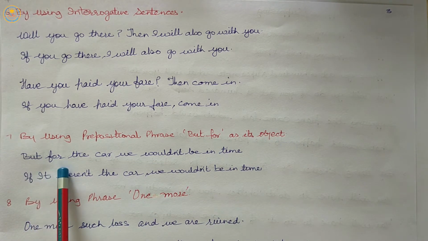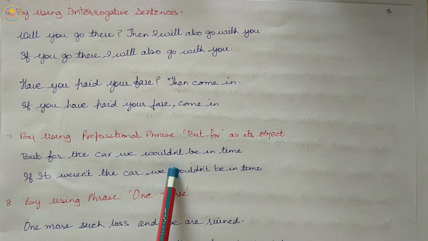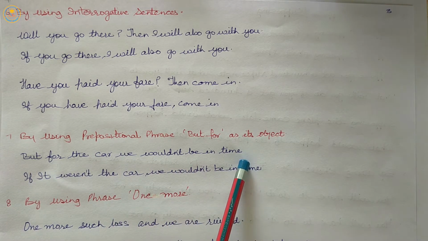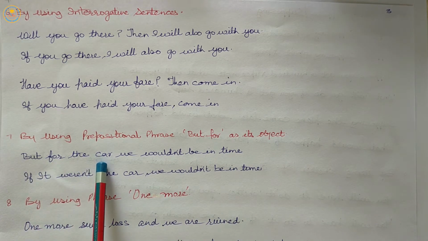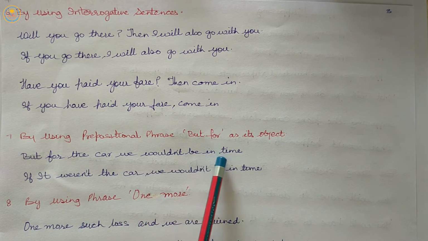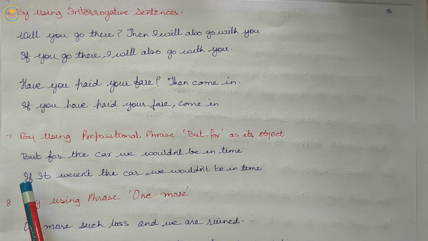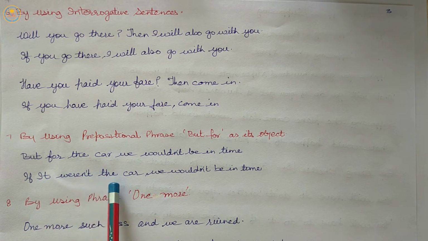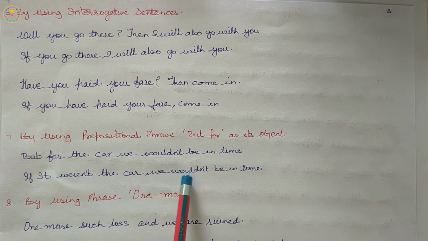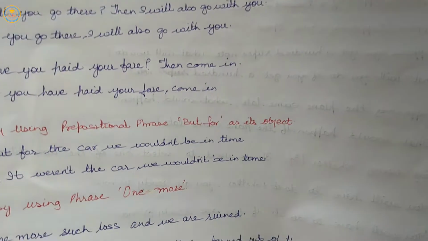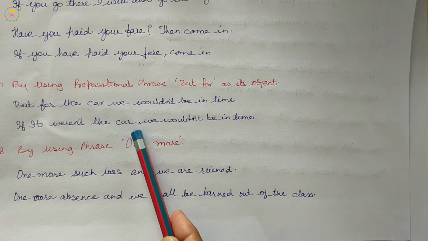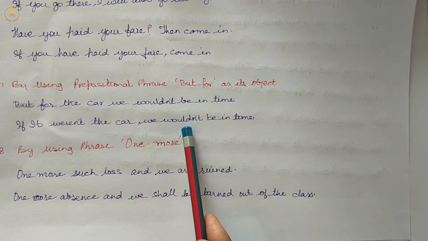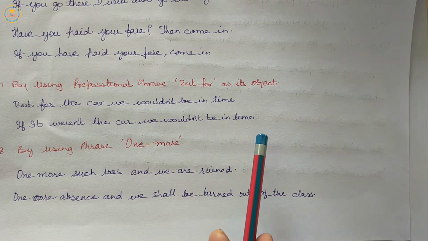Example, but for the car, we wouldn't be in time. If it weren't for the car, we wouldn't be in time.